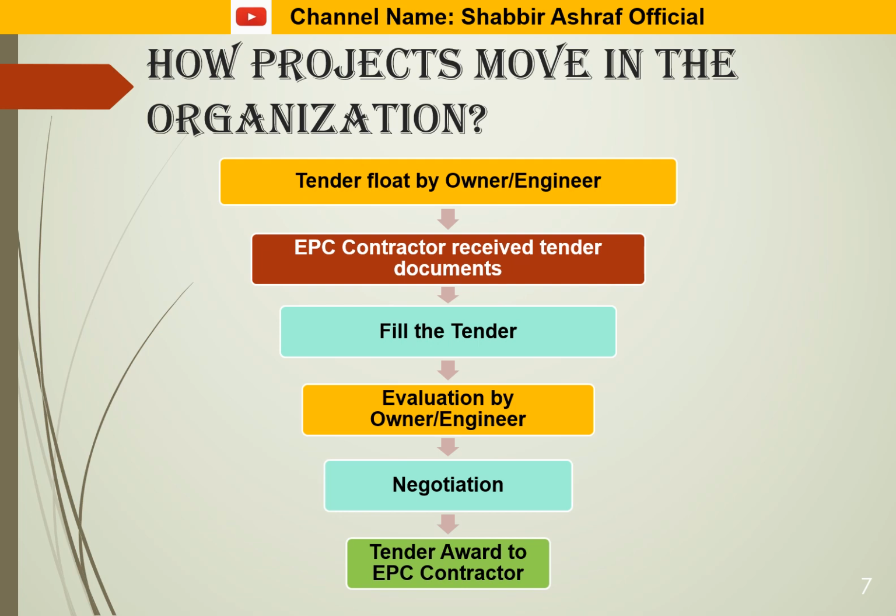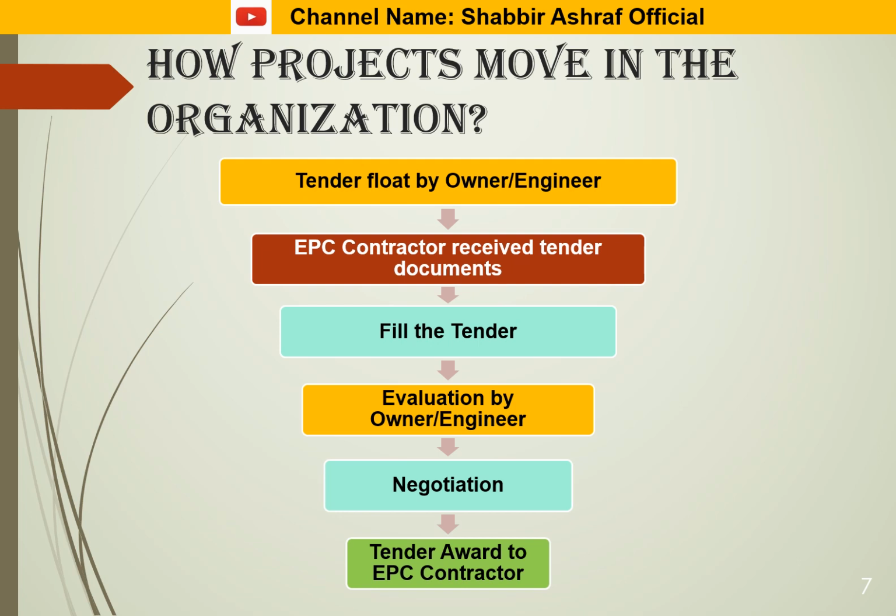In the market, everyone has some specialization. For a building tender, a civil construction company will come and quote. If a plant is to be established, there is an EPC contract, so the EPC contractor will receive the tender documents and fill in the tender.